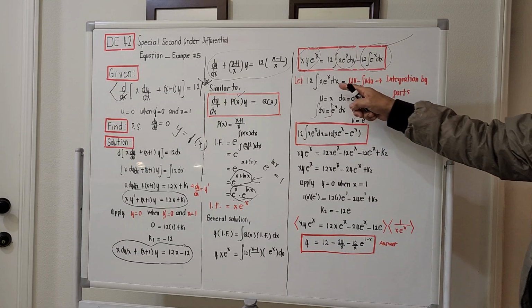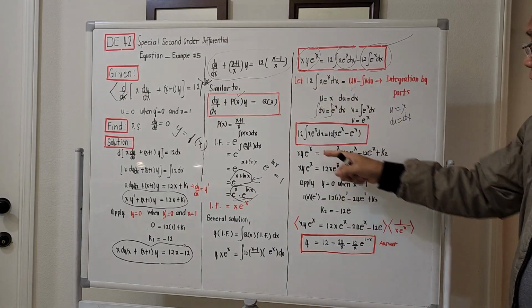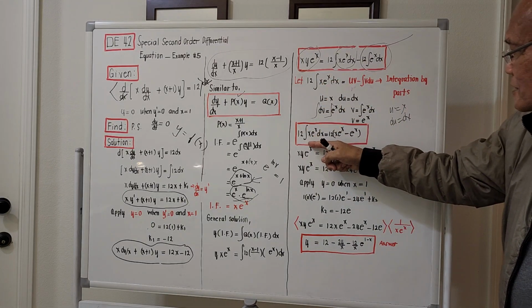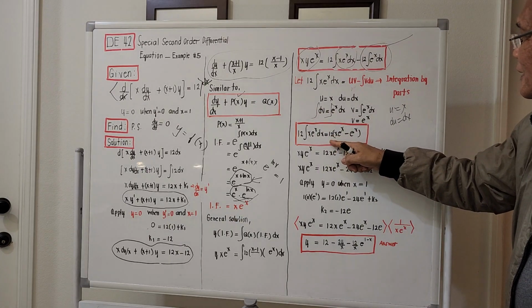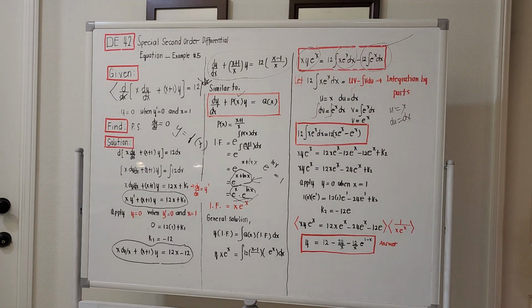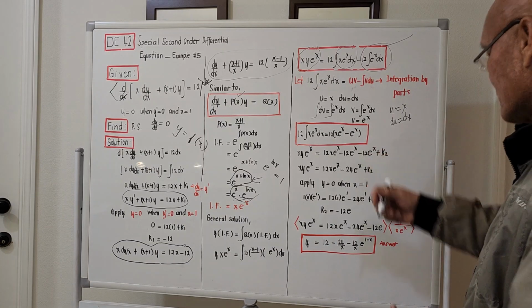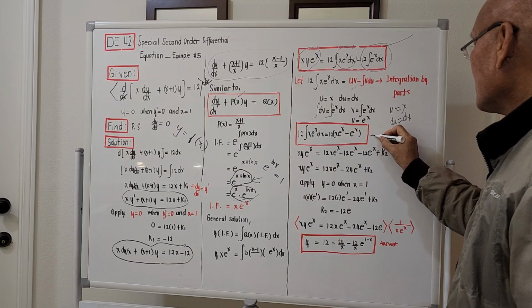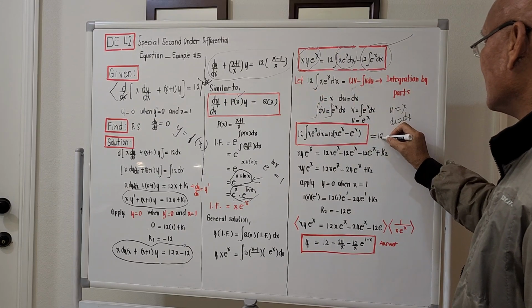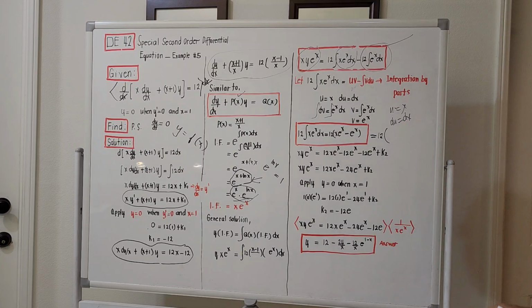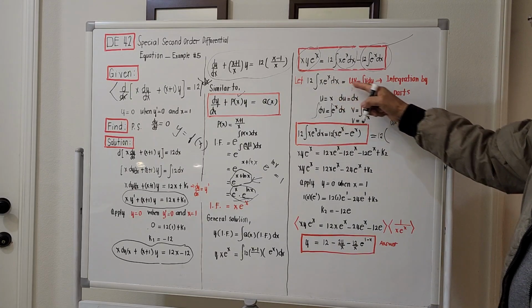So if we now try to go back to this, 12 times the integral of x e to the x dx equals 12 times, I make a shortcut on this one, I will follow this.